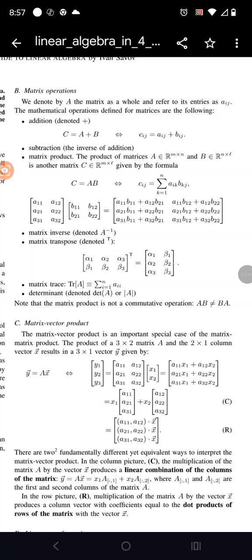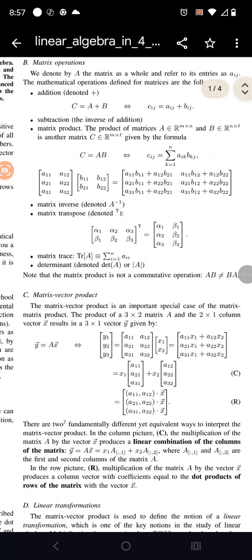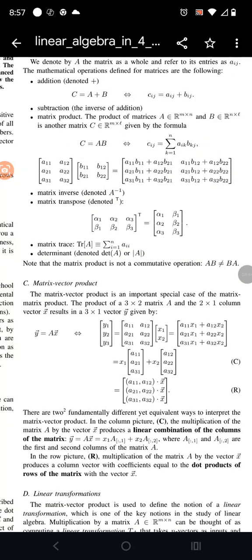Next, moving on to the matrix vector product. y equals A x. Here we have the matrix vector product. It is a special case of the matrix product, where one matrix has just one dimension, so either the number of rows or the number of columns is 1.